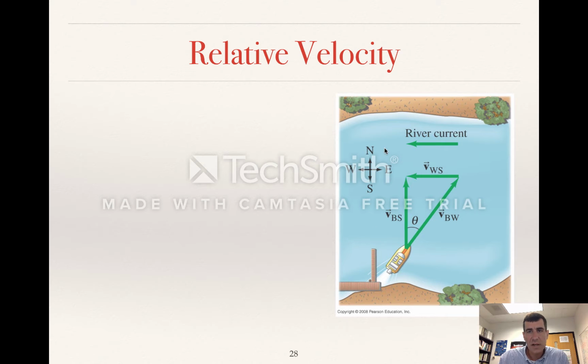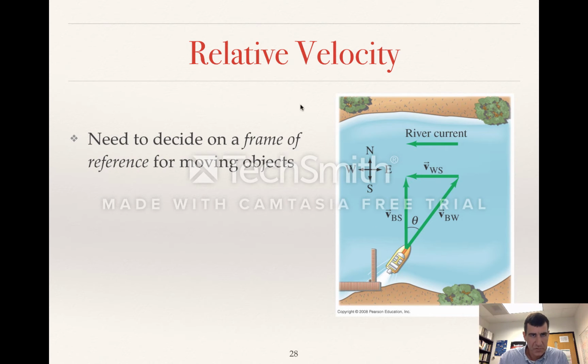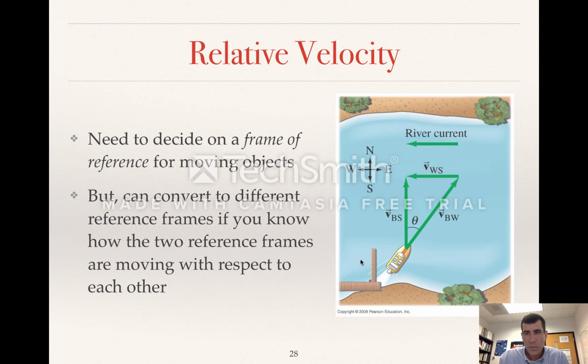So just to get an actual concrete example here. Again, we have a moving object. We have a little boat, and the boat's going to go across a river. And the river has some current in it. Let's say we know the velocity of the boat with respect to the water, and we want the velocity of the boat with respect to the shore.